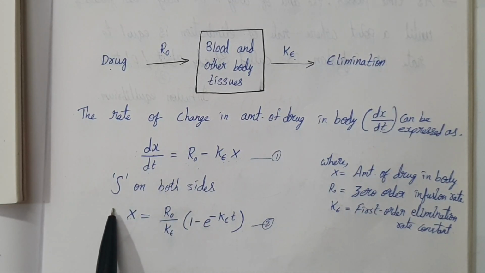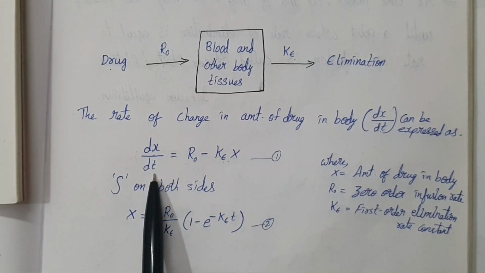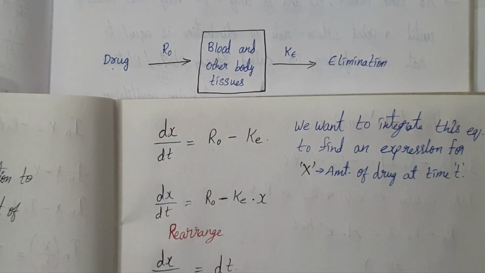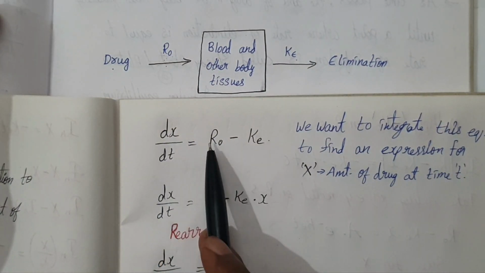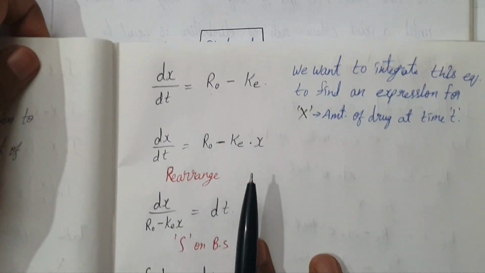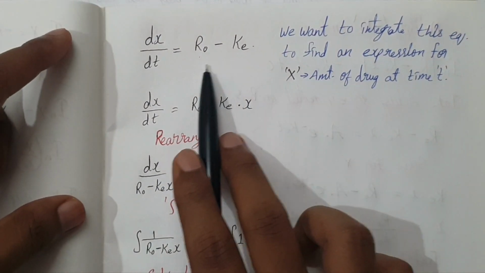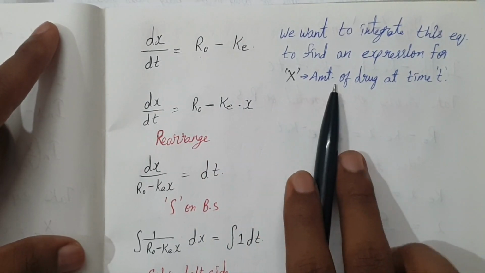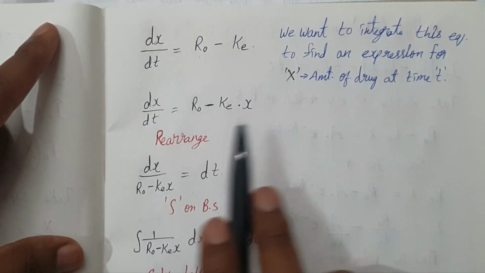When applying integration on both sides, we'll get this equation. If you want to know how we got from one equation to the next, I'll explain in detail. As we know, dX by dt equals rate in minus rate out. Now we want to integrate this equation to find the expression for X, the amount of drug at time t.